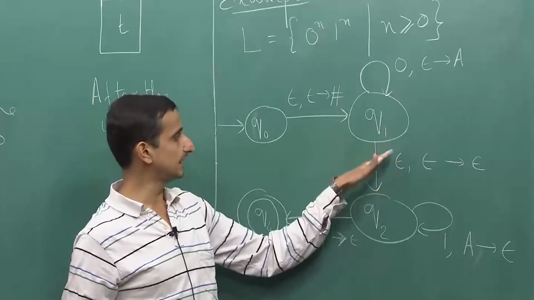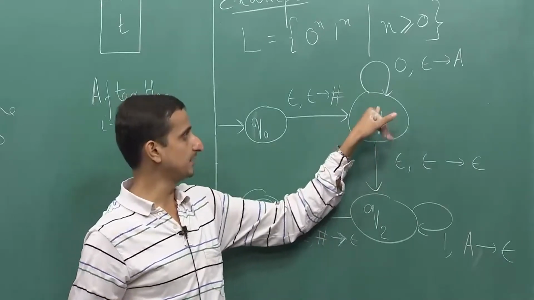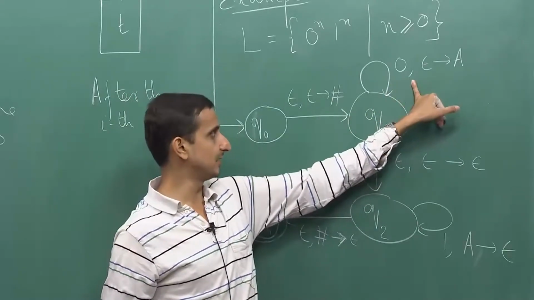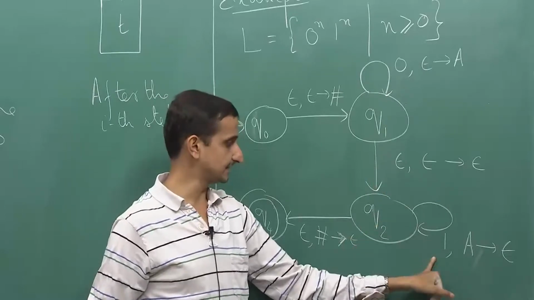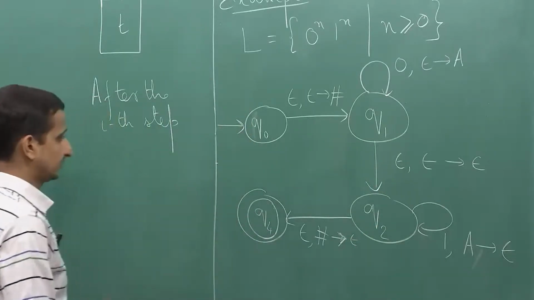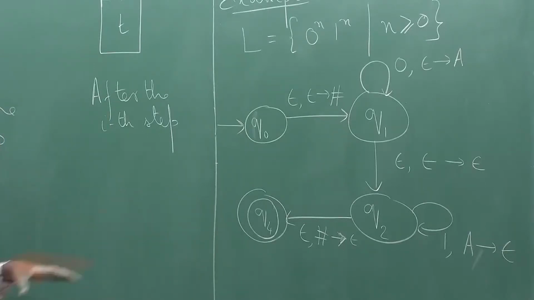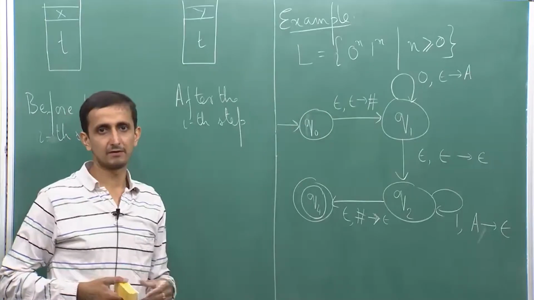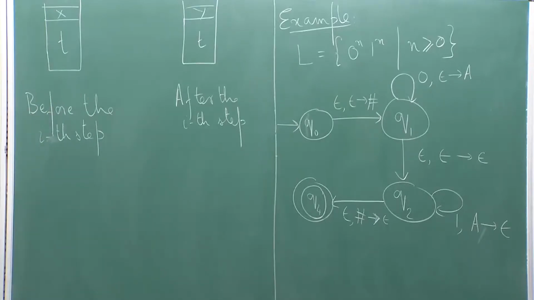This essentially means that non-deterministically I am trying to see if the next symbol is a 0 or if the next symbol is going to be a 1. That is all. So, this is a PDA for the language L. Now let us look at some examples to see how the PDA behaves.